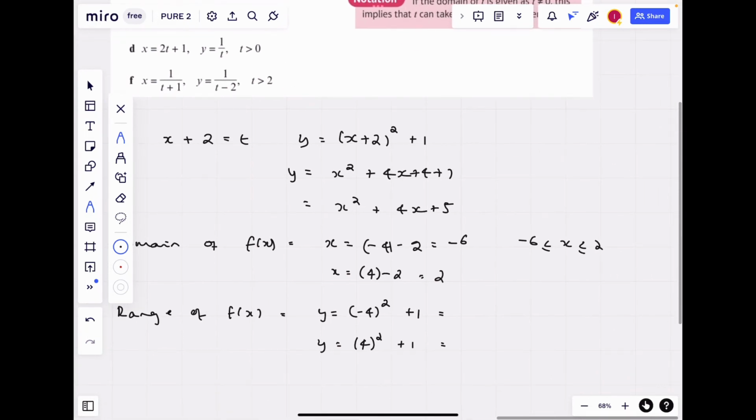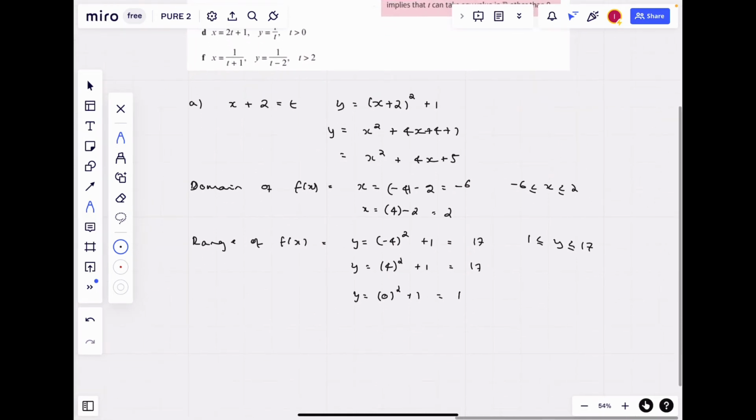In either case, you get 17. But if you sub in 0, you get 1, which is your minimum value. So the range looks like this. Done. That's part A.